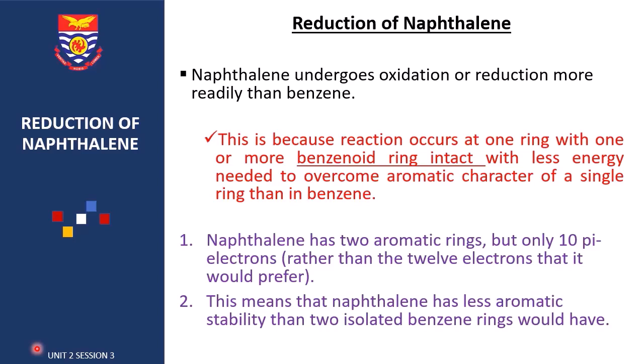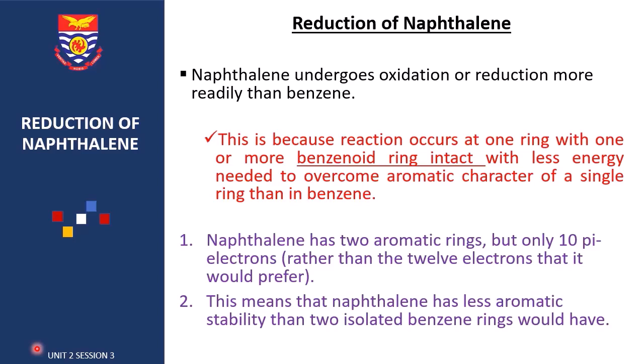So basically, naphthalene, which is formed by the fusion of 2 benzene rings, is supposed to have 6 pi electrons for one benzene ring and 6 pi electrons for the second benzene ring. So being fused together, it is supposed to have 12 pi electrons. However, that is not the case. Naphthalene actually has 10 pi electrons.